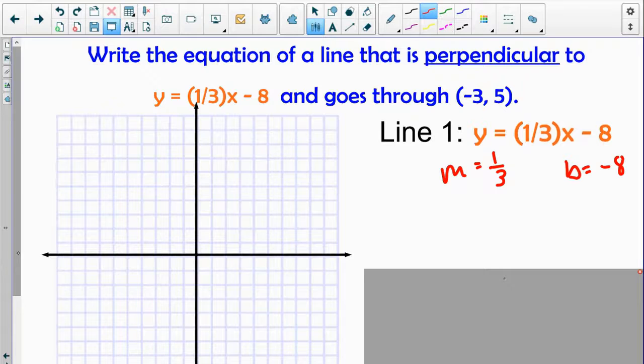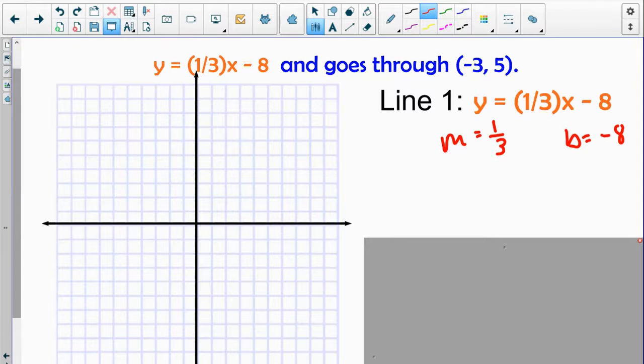So if I were to graph this equation, I would need to start at -8 on the y-axis, and I can plot additional points using my slope. I have a rise of 1 and a run of 3. I make sure that my line is going up and to the right anytime my slope is positive.